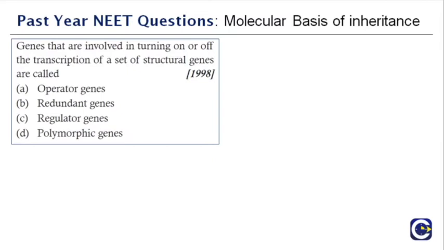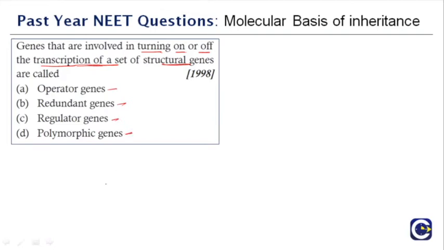Genes that are involved in turning on or off the transcription of a set of structural genes are called what? Are they operator genes, redundant genes, regulator genes or polymorphic genes?